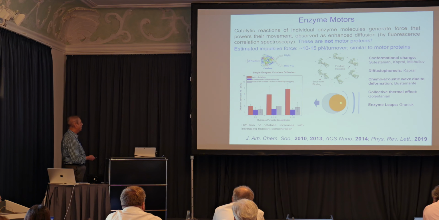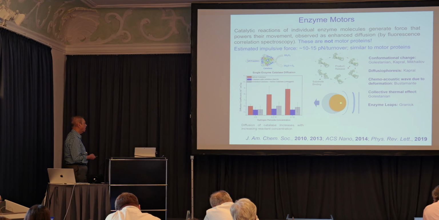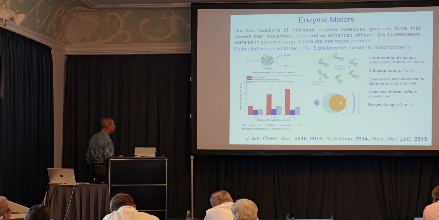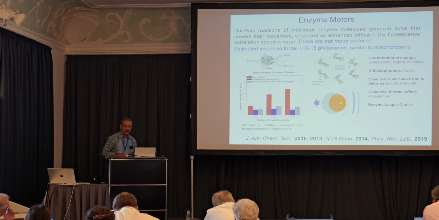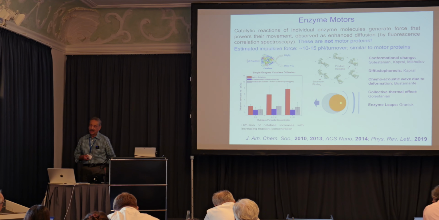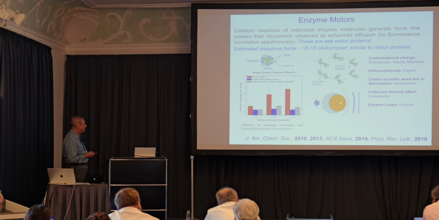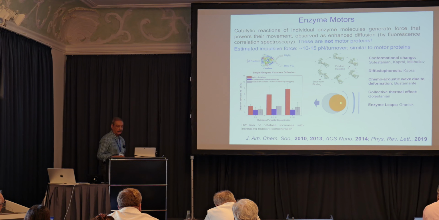So this is just one example where catalase converts hydrogen peroxide into water and oxygen. As you increase the substrate concentration, which is the hydrogen peroxide concentration, the diffusion of the enzyme goes up. If you inhibit the catalase, in this case with sodium cyanide, you get the base diffusion.